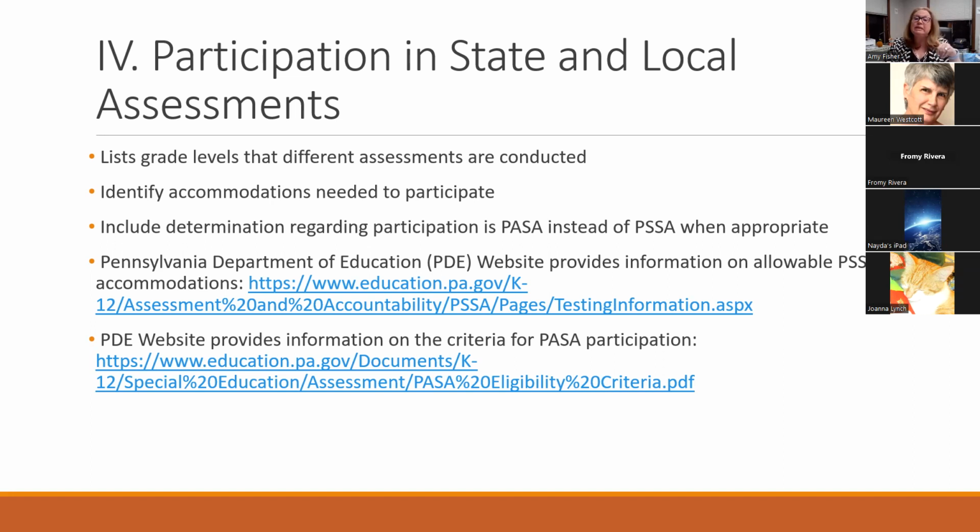And then the link below that is the criteria for determining if a student is eligible to take PASA instead of the PSSA. Because there are very specific criteria that a student must meet in order to be eligible to take the PASA. And it is a very small amount of our students. So all of the information about how to qualify, how to make that determination related to PASA is on the link.